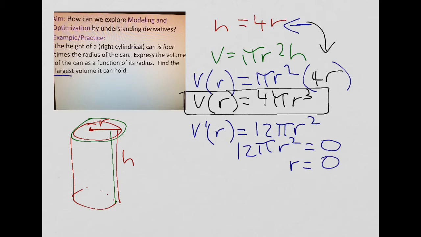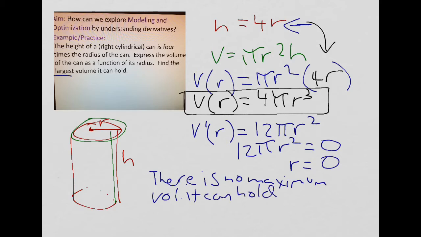That wouldn't maximize the volume. We'd have no can whatsoever if the radius is 0. So that means that for this answer, there is no maximum volume it can hold.